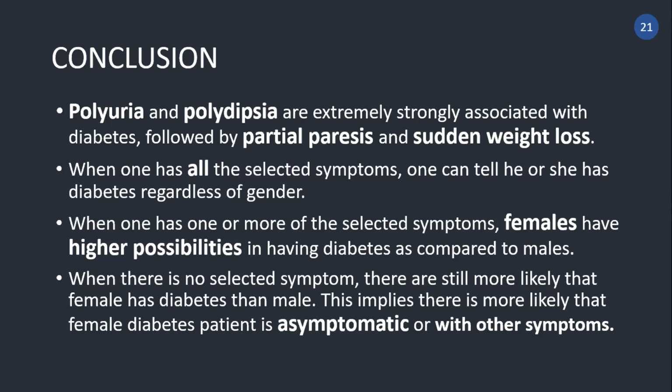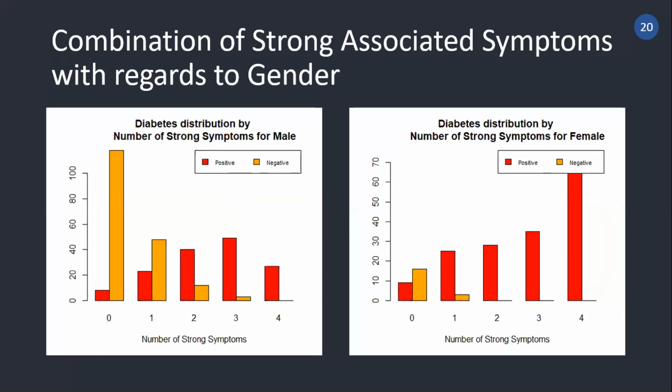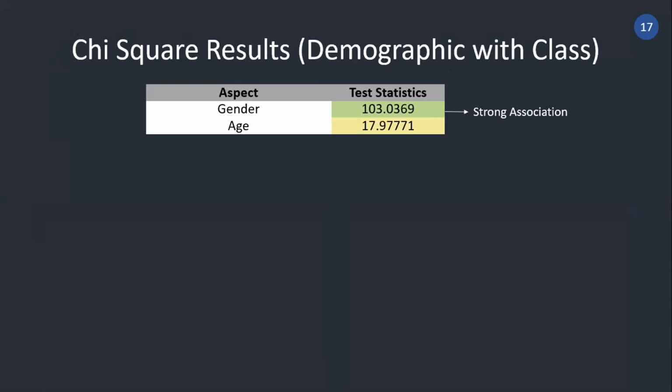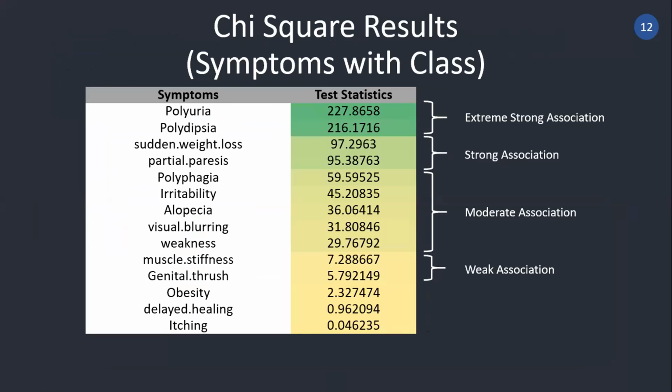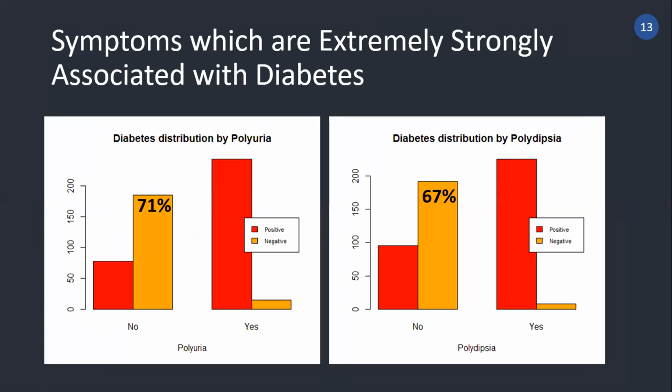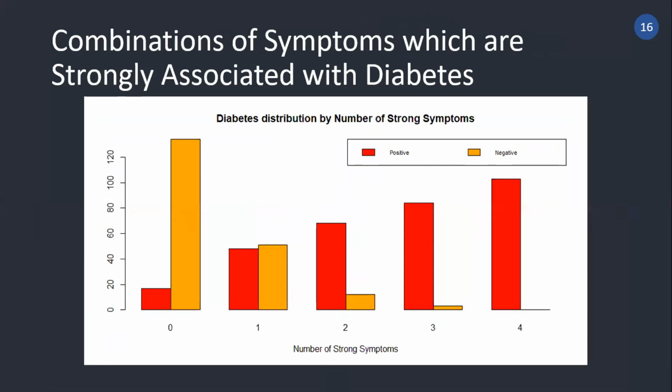But I think there's one part in your analysis that's interesting. Once you sorted out the variables that are very strongly associated, you further looked at them jointly: if they have all four conditions, then they are almost sure to have diabetes, right?